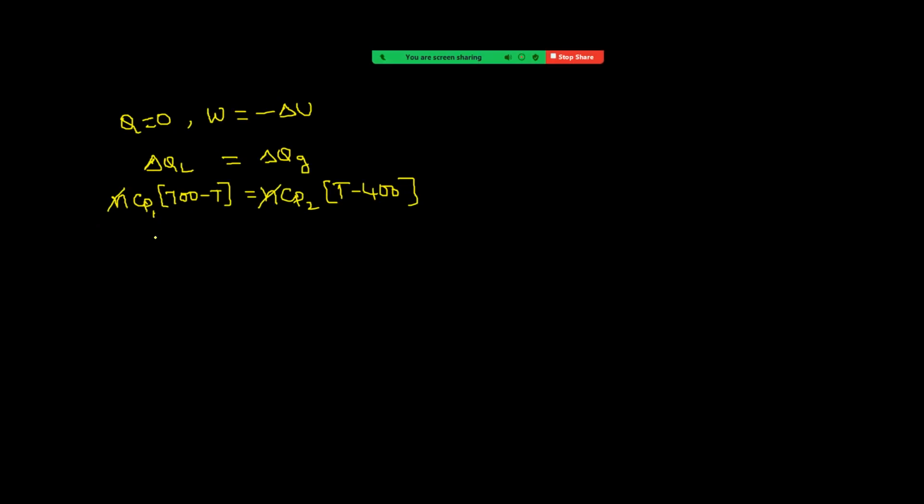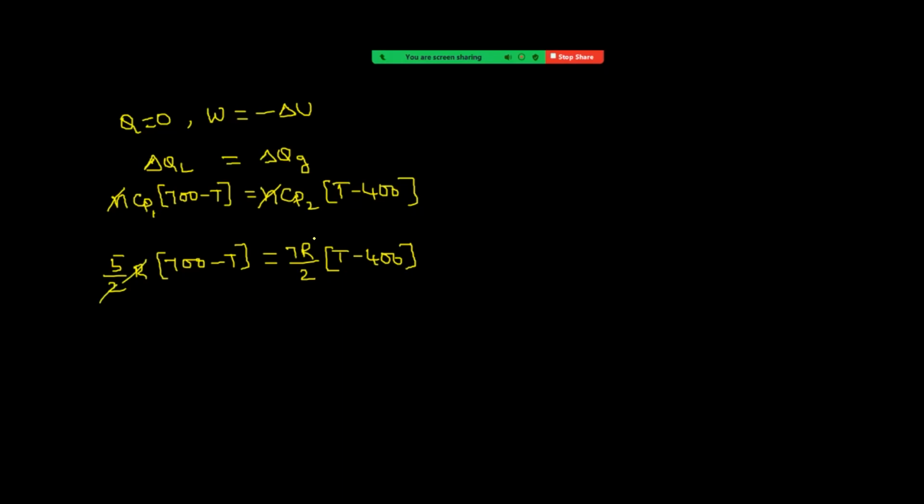Lower is now monatomic, for that Cp value is 5 by 2 R. 700 minus T is equal to, upper one is diatomic, so Cp is 7R by 2, T minus 400.